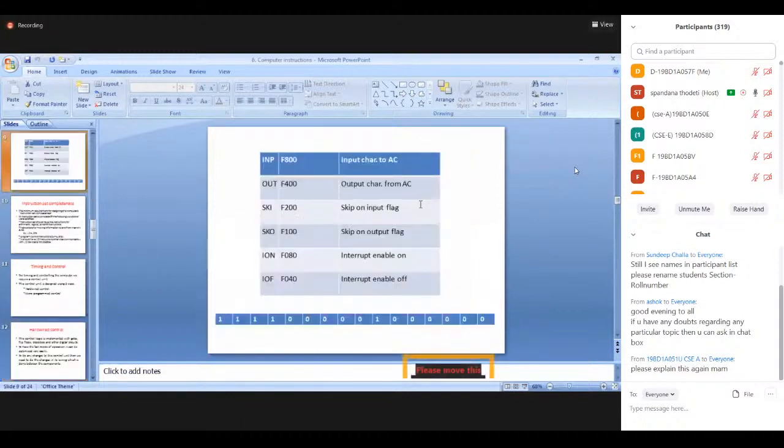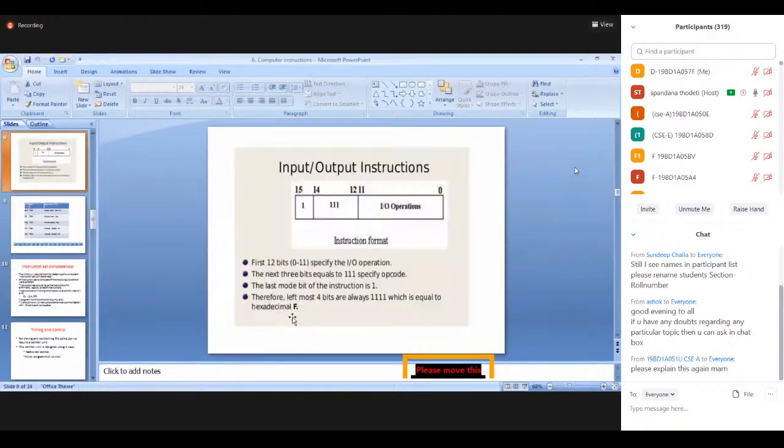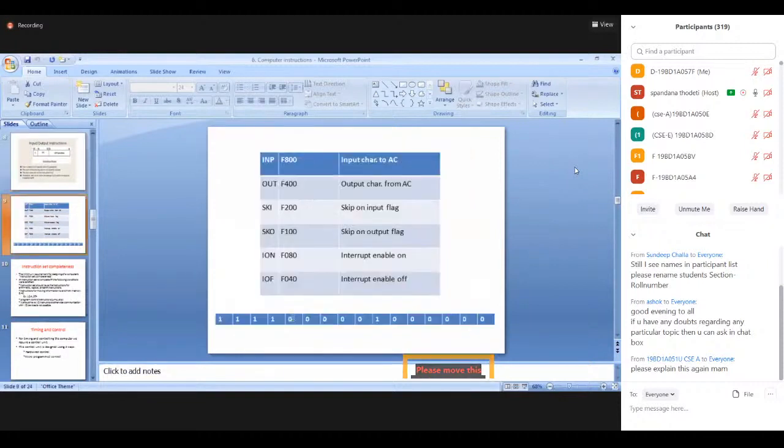Now we'll see the IO instructions. How do we know the value of the IR register for a particular input output instruction? Here it is. These 4 bits are fixed: the I bit is fixed to 1, and the opcode bits 12 to 14 are fixed to 111.